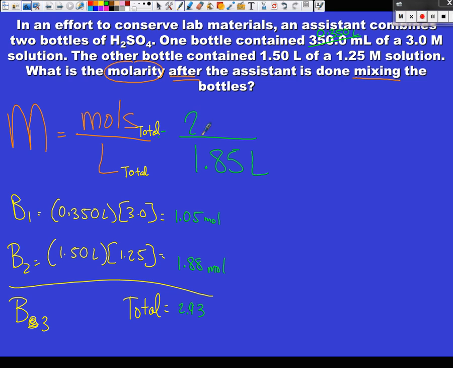So 2.93 moles. All right, so what is your new concentration?